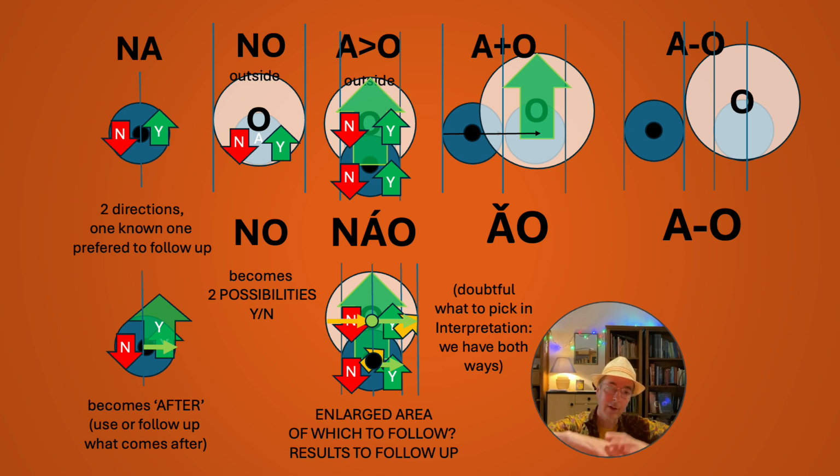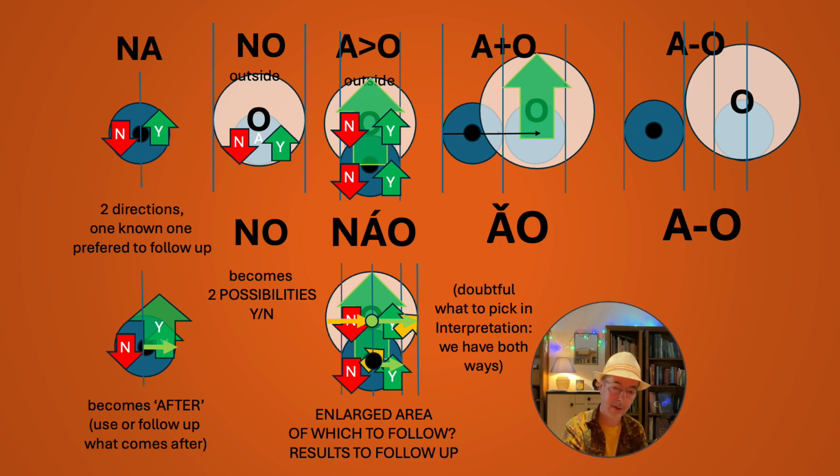Now then together with the now, which is growing together, you have this enlarged area which you can follow up. So the na is getting bigger in now. So also in O, the N will continue to grow with it.